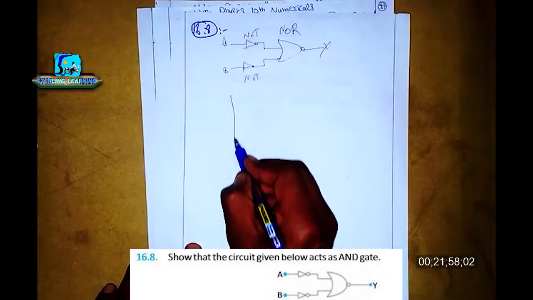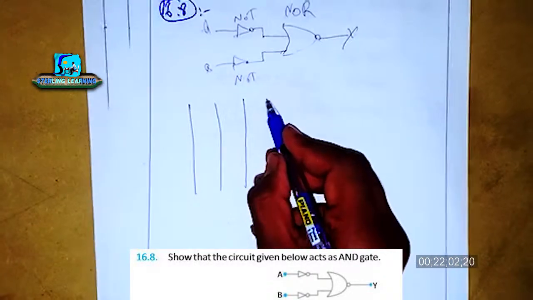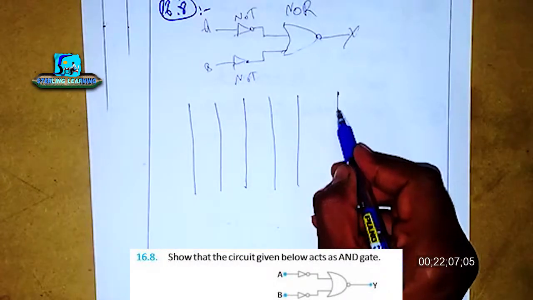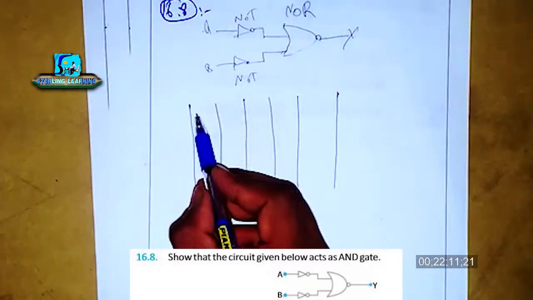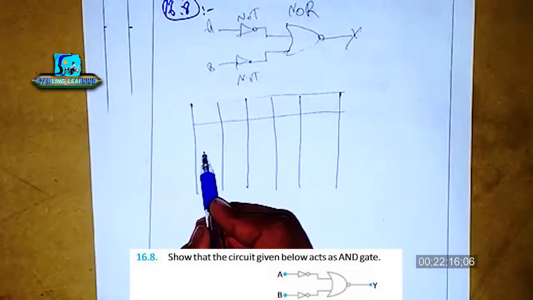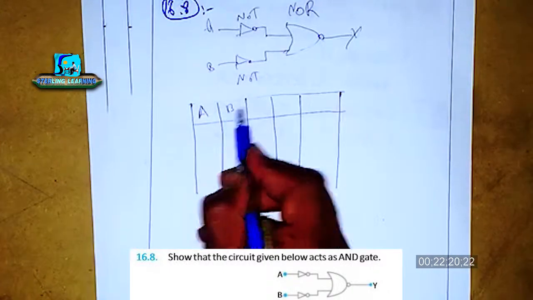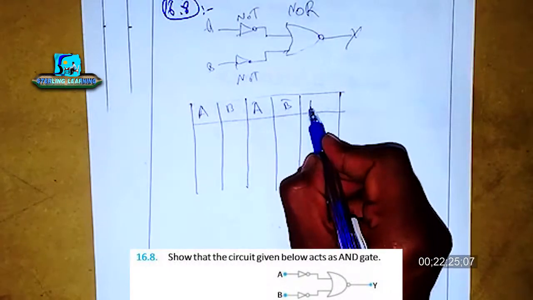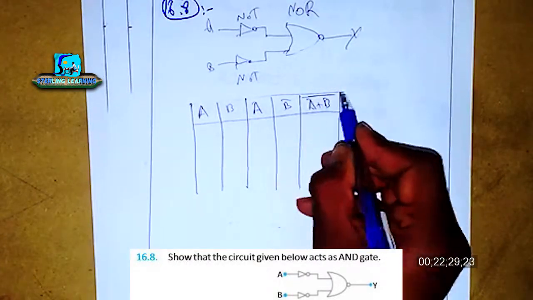So A, B, A bar, B bar. A bar NOR B bar. So this would be the answer here. A, B, A not, B not, A bar plus B bar whole bar.